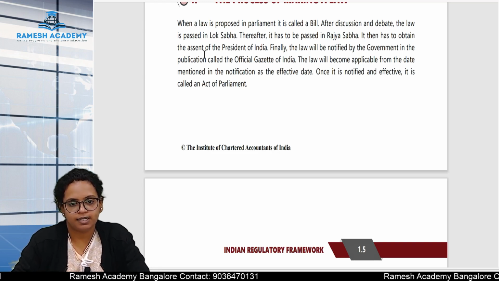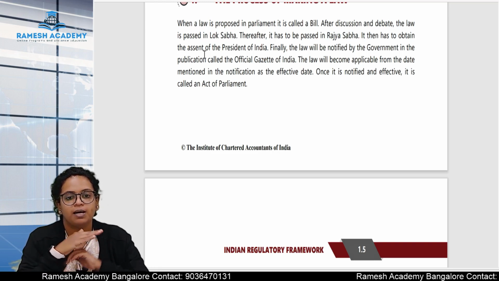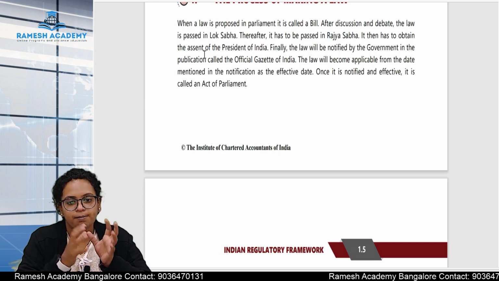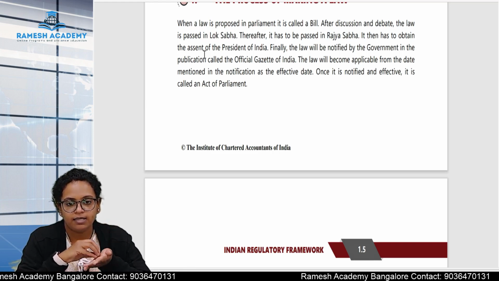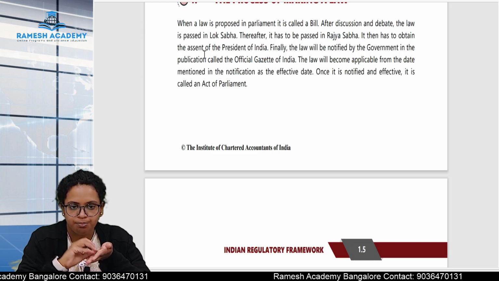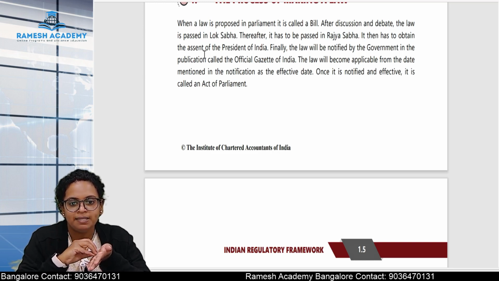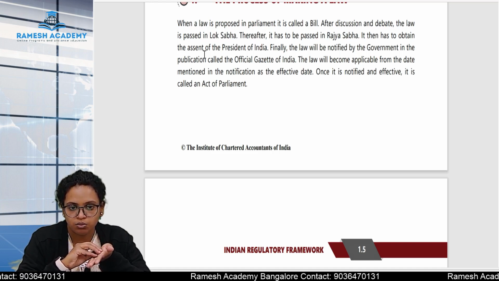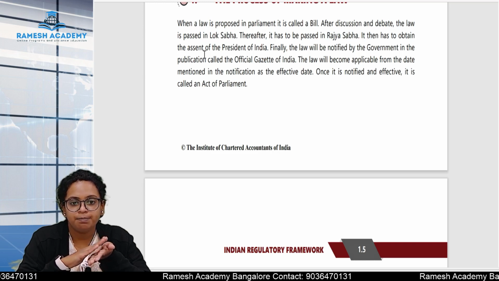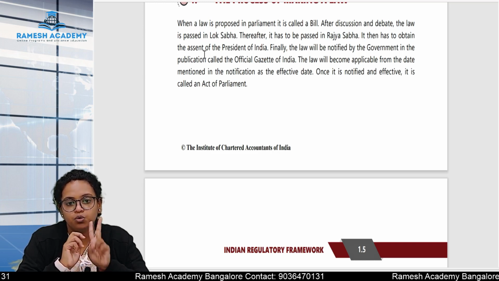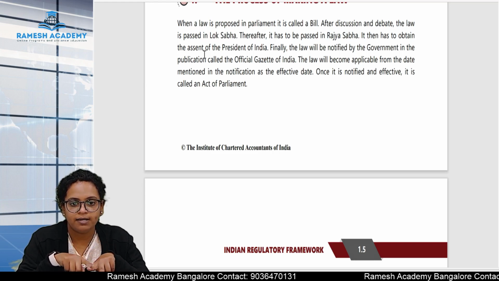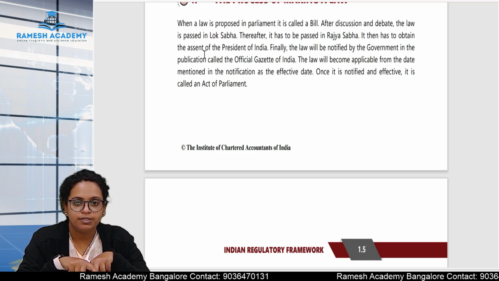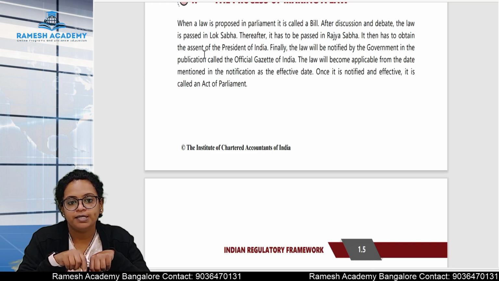Now understand this concept. Before a matter is passed as a law, it is called a bill. Once the bill is passed by the Lok Sabha after the discussions and debates, it will then be passed by the Rajya Sabha. When both the houses, that is the Lok Sabha and the Rajya Sabha, have approved it, it has to obtain the assent.